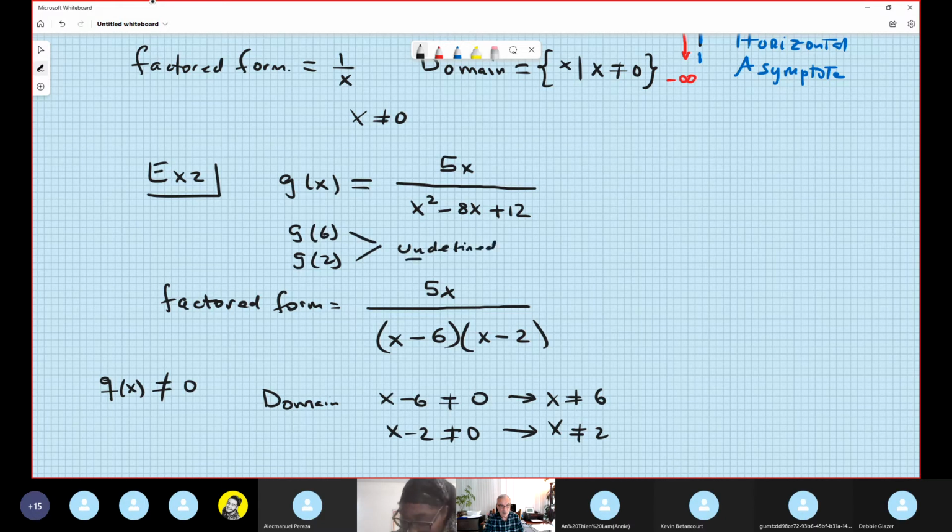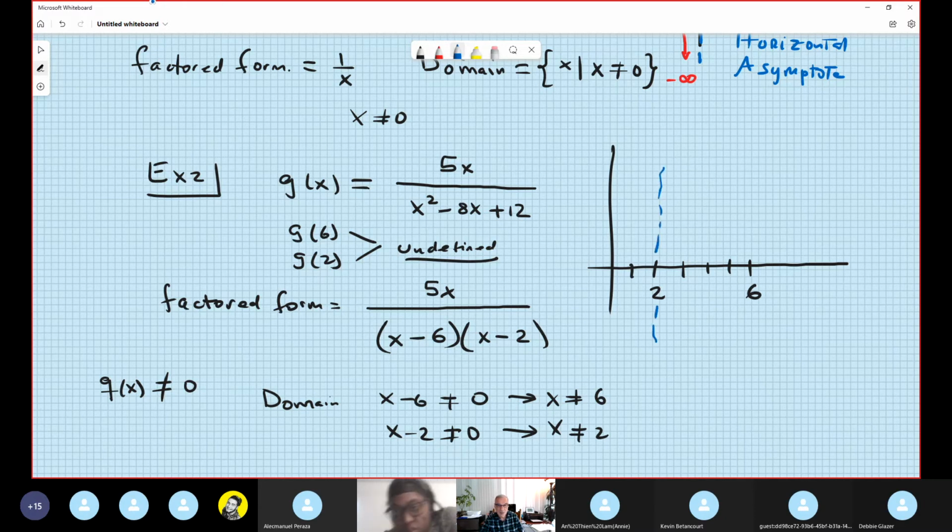Completely out of the domain. And the reason it's undefined is because, I don't want to explain it clearly now, we have two vertical asymptotes. Okay, suppose this is the axis, 1, 2, 3, 4, 5, 6. We have 2 vertical asymptotes like that. I have no idea exactly how. This is not the point now.